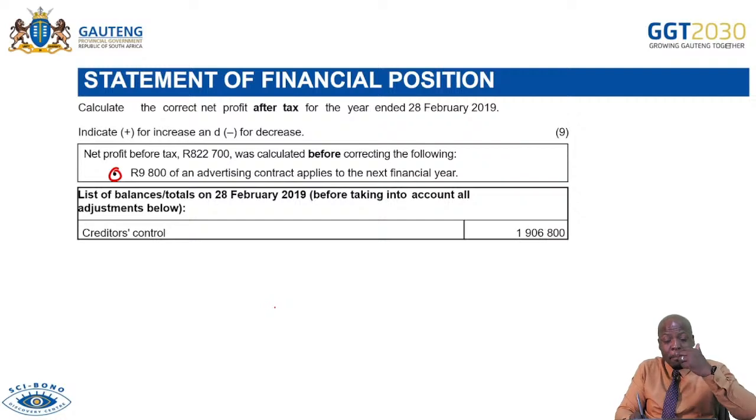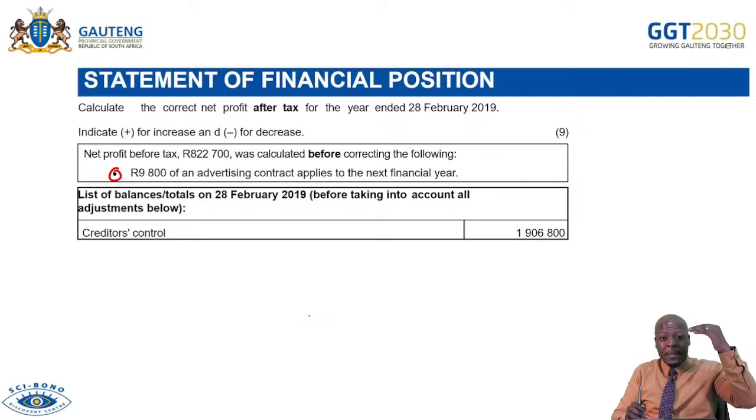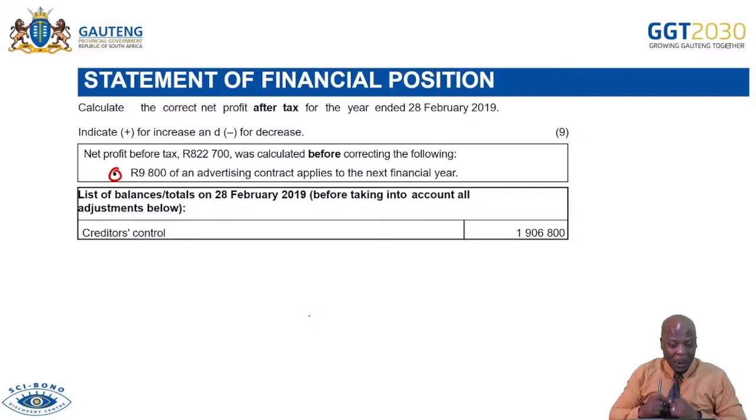Exactly. So this is a prepaid expense. What did we say about the prepaid expense? We said our prepaid expense is going to increase our expenses. Once our expenses increase, our profits will decrease. You remember that one? So we want to see now, how do we correct that one?